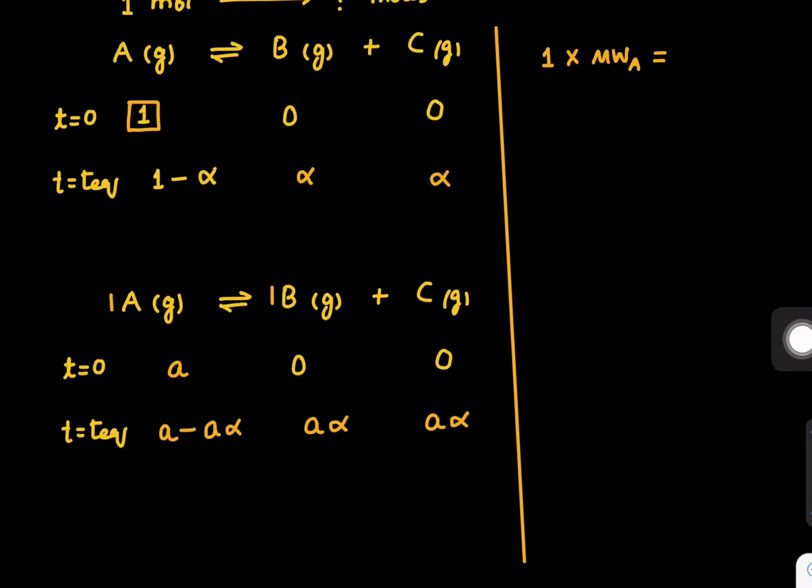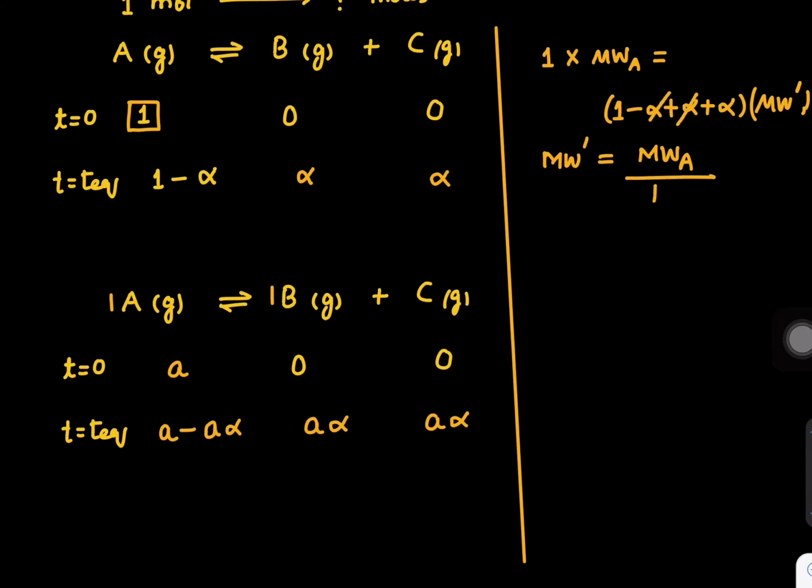But later, 1 minus alpha plus alpha plus alpha, total moles are these many, and we don't know the average molecular weight of the mixture. So I'm using molecular weight prime, which is nothing but the average molecular weight of the mixture. How much is MW prime coming up? It is molecular weight of A divided by, now this gets cancelled, 1 plus alpha.